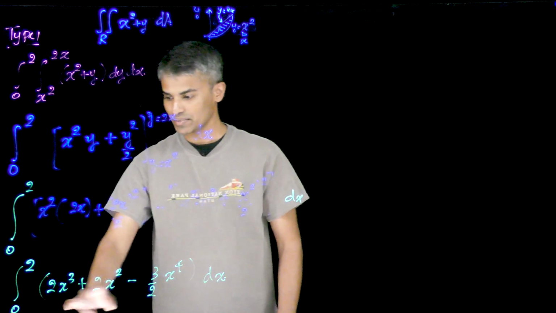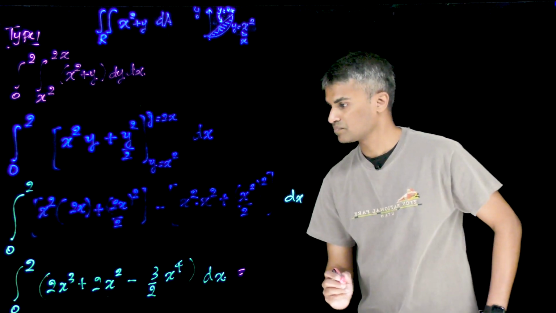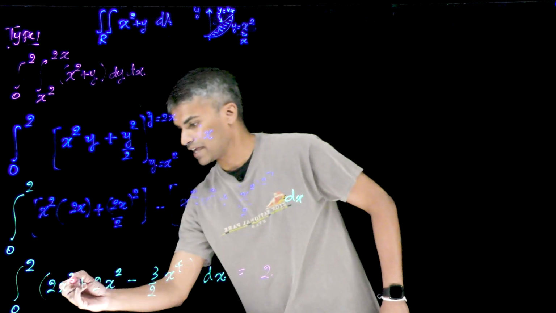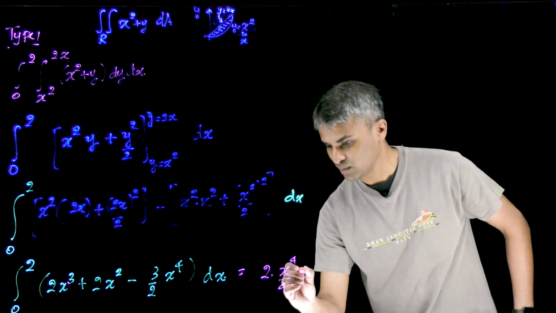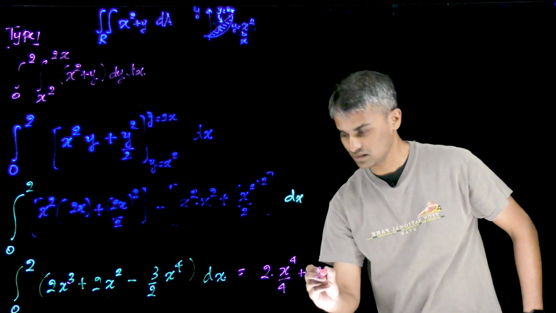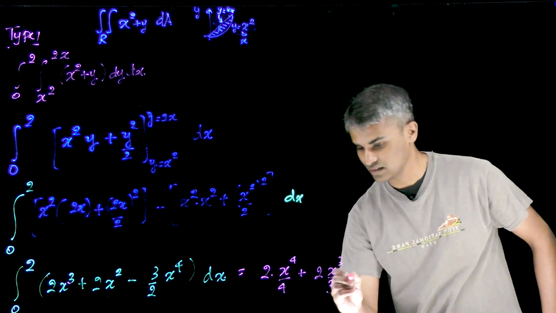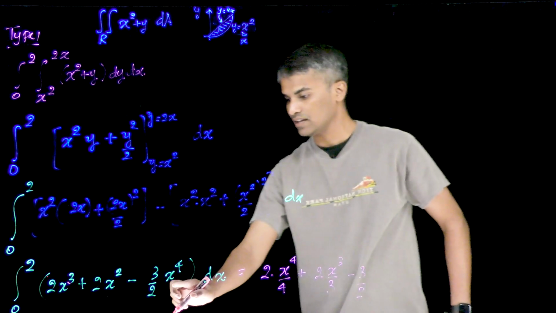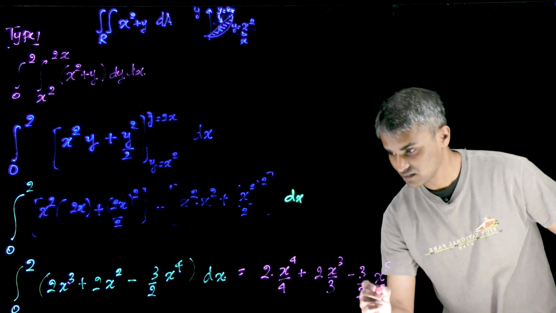Now, this is a very simple integral, and let us solve it. The integral of 2x cubed: 2 is a constant, and the integral of x cubed is x to the power 4 over 4, plus the integral of 2x squared: 2 is a constant, and the integral of x squared is x cubed over 3, minus 3/2, which is a constant, times the integral of x to the power 4, which is x to the power 5 over 5.